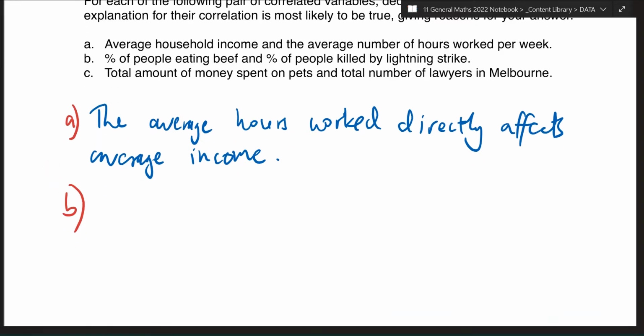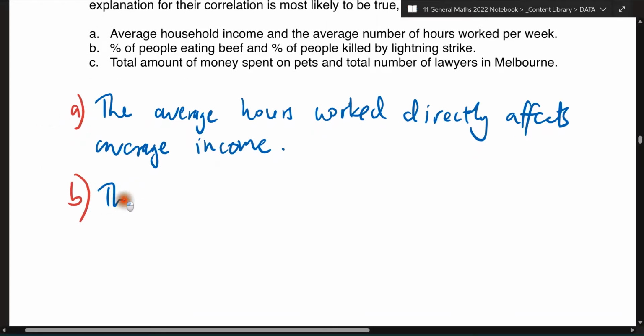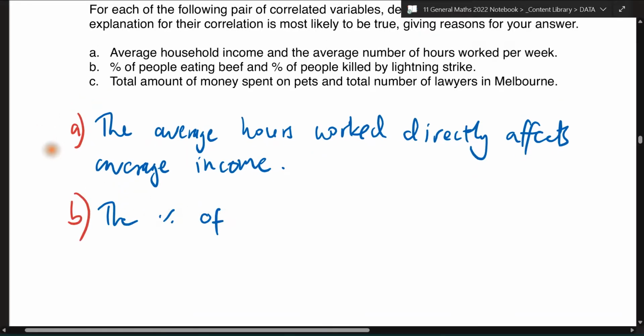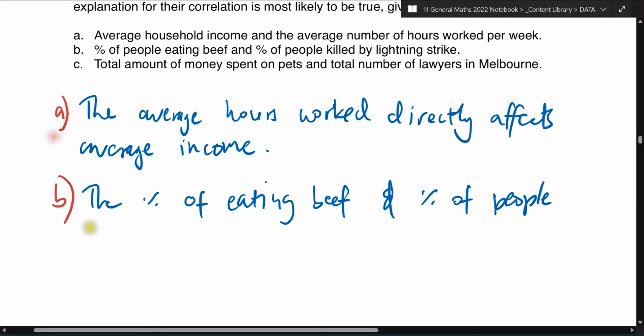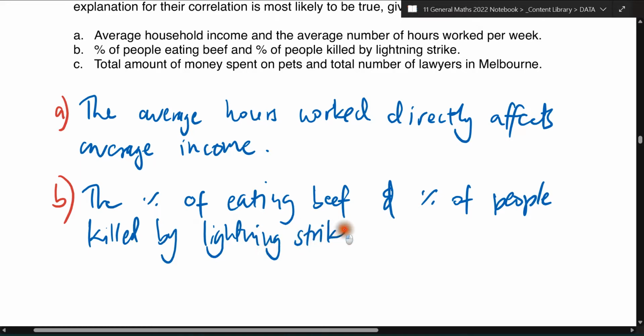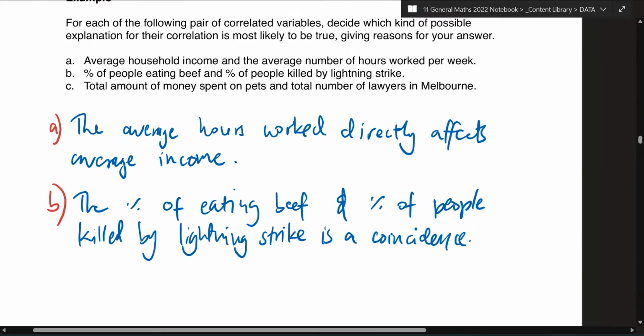So you would say here, the percentage of people eating beef and percentage of people killed by lightning strike is a coincidence. It's just a coincidence. There is no possible way that that's probably a thing. There's no connection whatsoever.